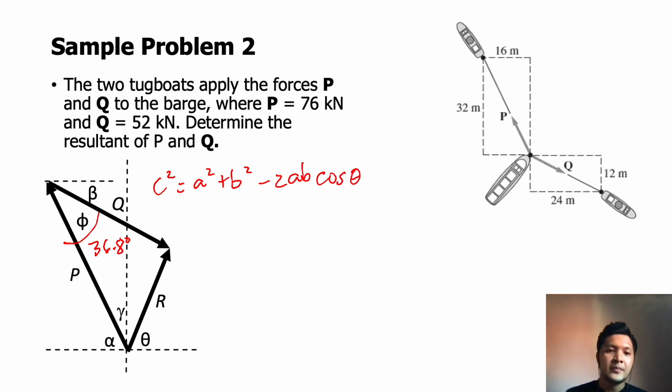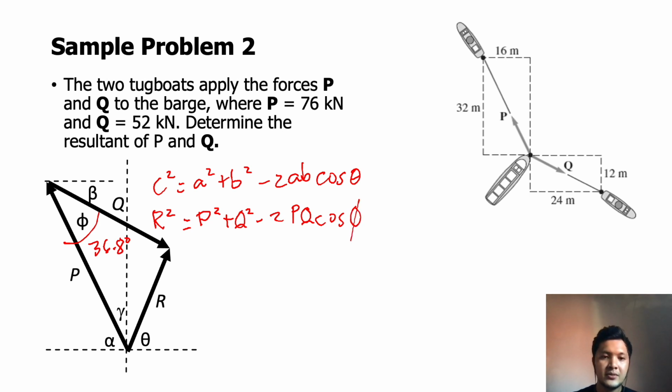In this case, we are looking for r squared, which is equal to p squared plus q squared minus 2pq times the cosine of the angle opposite this side, which is phi.